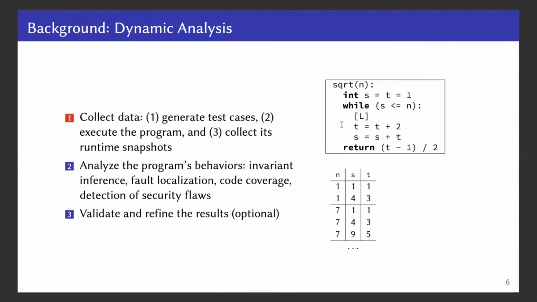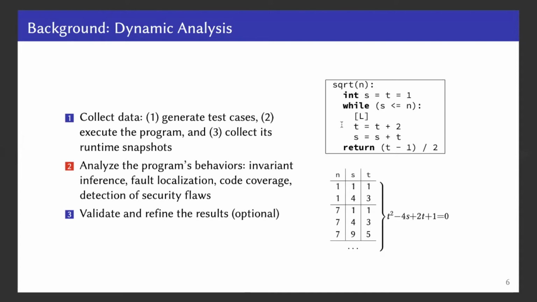There are 3 main steps in dynamic analysis. First, we collect runtime data by running the program on some inputs. For example, to infer the loop invariant of the square root program, we collect the values of the local variables at the location L inside the loop. Second, we analyze the collected data for inferring invariants, detecting security flaws, and many more applications.